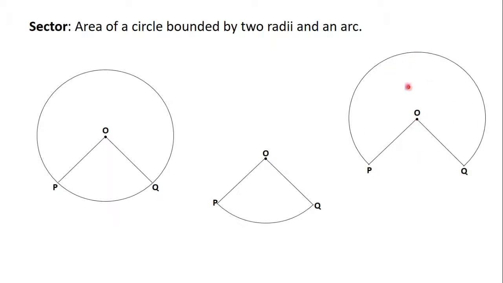So this is also another sector. Because this sector is small, we will call it the minor sector, and we will call this sector here the major sector. So the area of a circle bounded by 2 radii and an arc is called a sector.